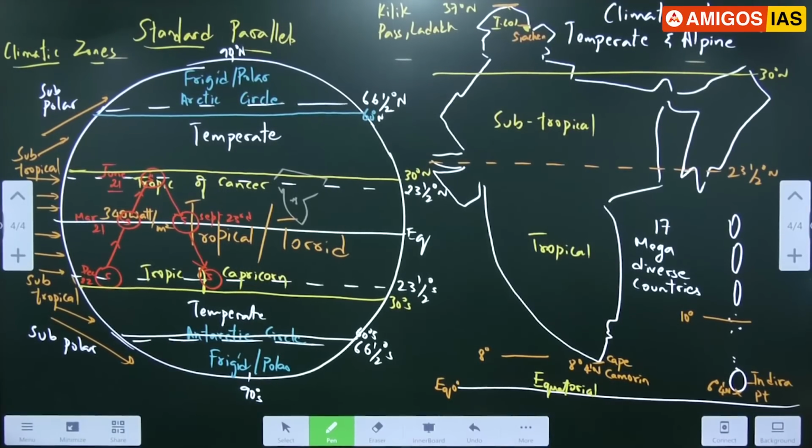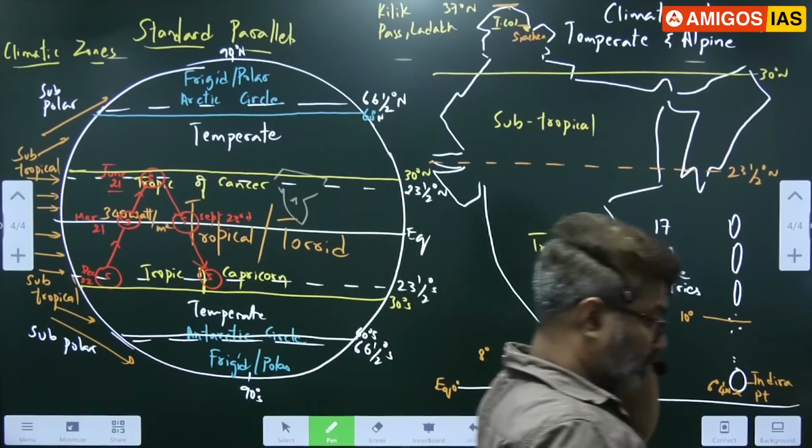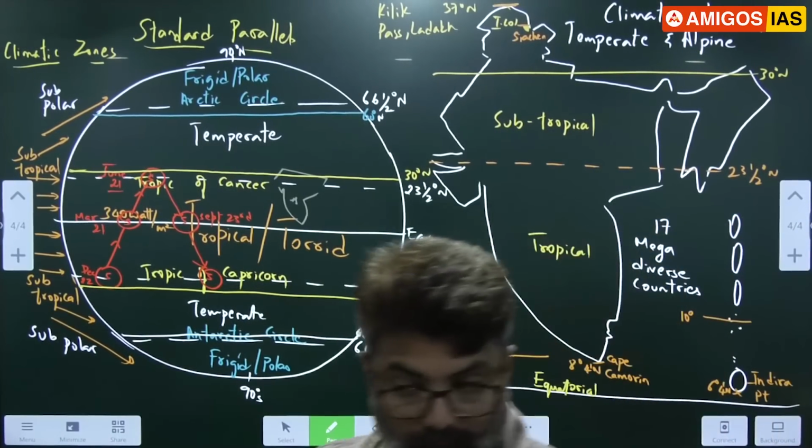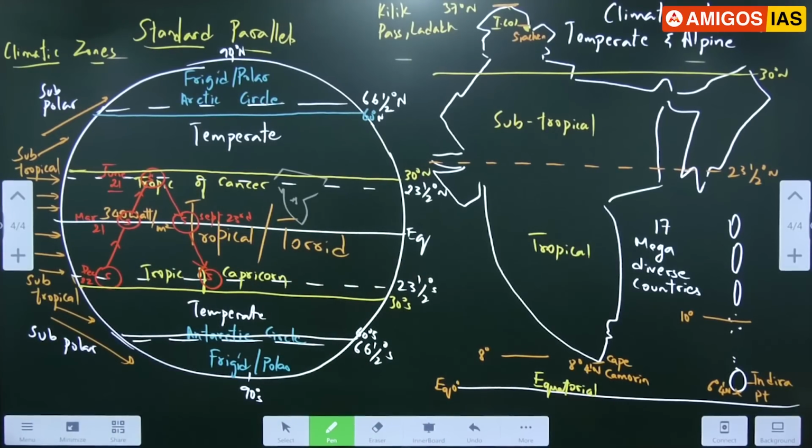Kilik Pass, 37° north. Then below that is Siachen Glacier, Indra Col. Draw the map properly. Let me see how you draw. Done. Shall we continue?